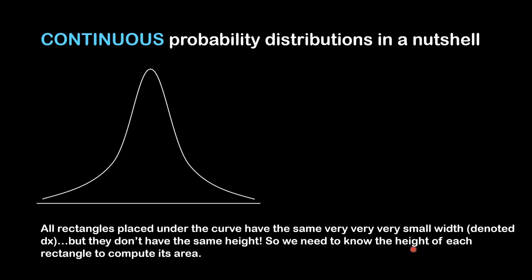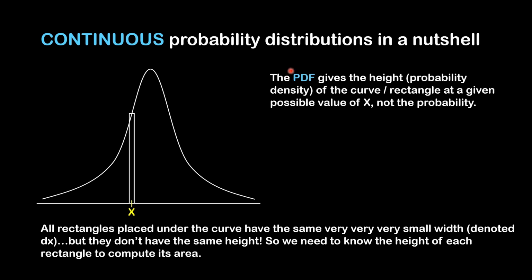And that's the role of the PDF, the probability density function, that gives us the height or probability density of the curve or the rectangle at a given possible value of x. It doesn't give us the probability of observing this particular value of x. It gives us the height of the rectangle at this location, the height of the curve.